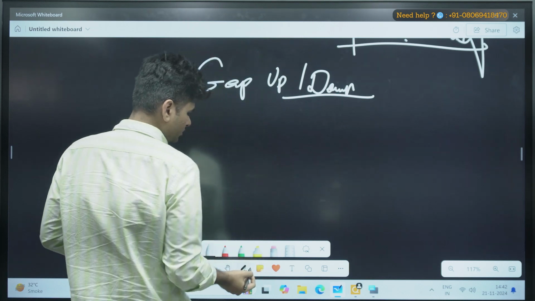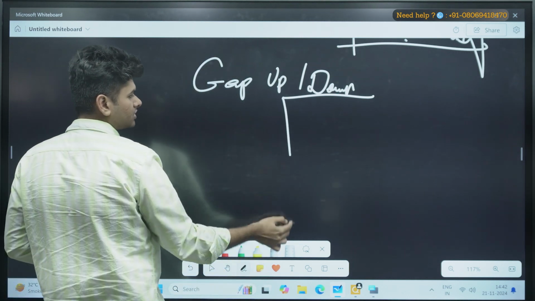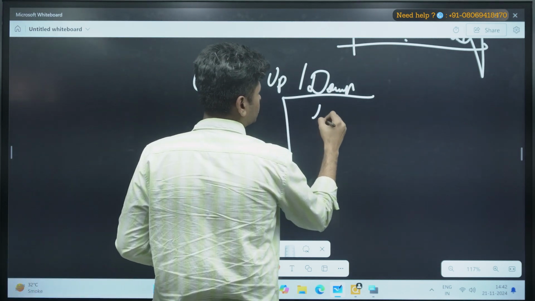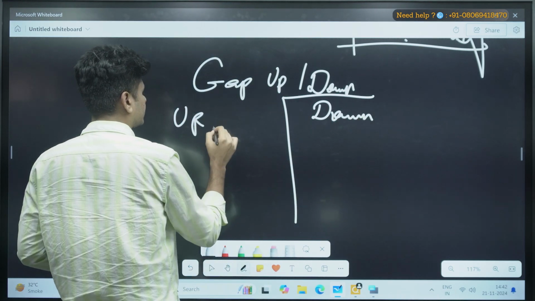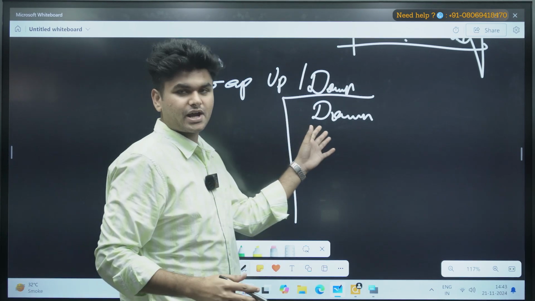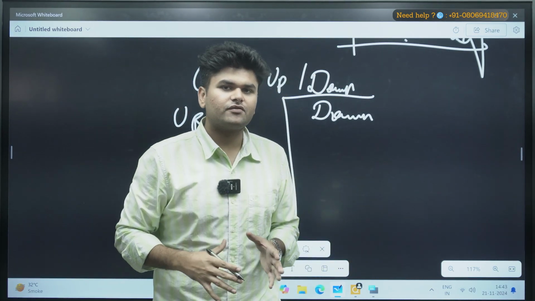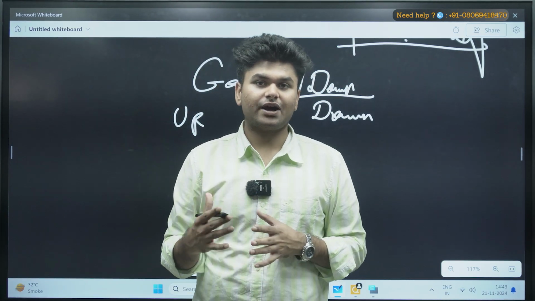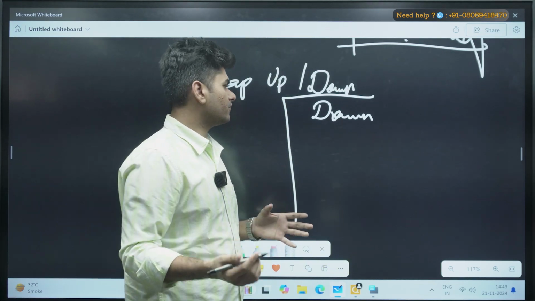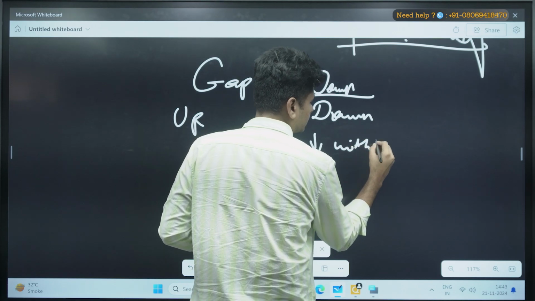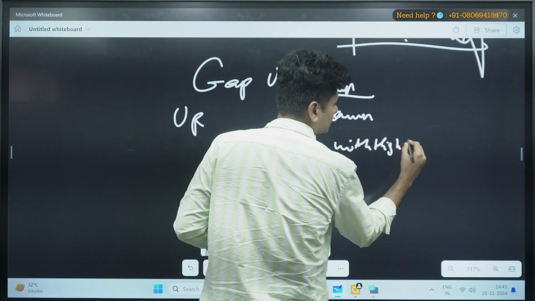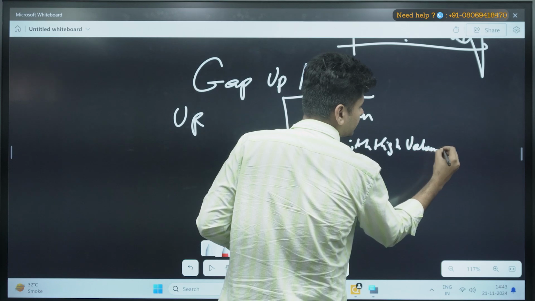Okay, so let's just sort it: this is gap down and gap up. Now let's talk about gap down first. Whenever you're seeing a gap down with high volume, what does this indicate?